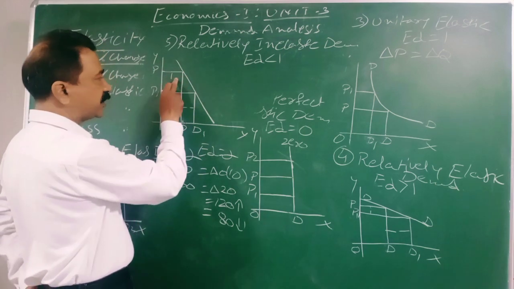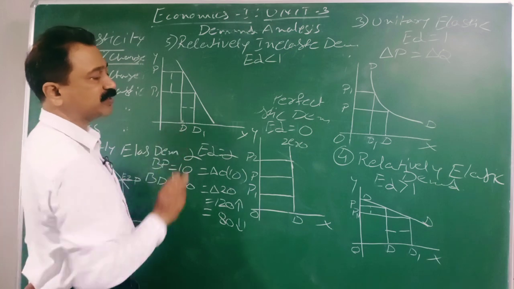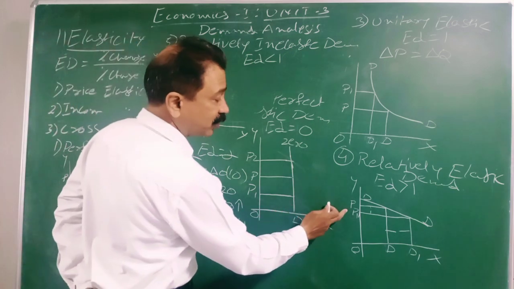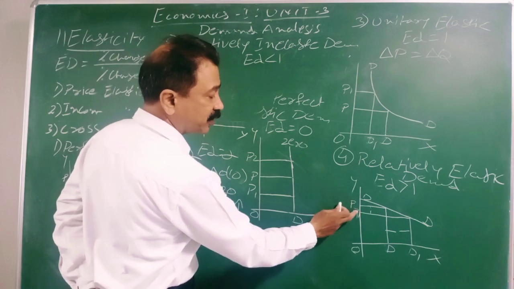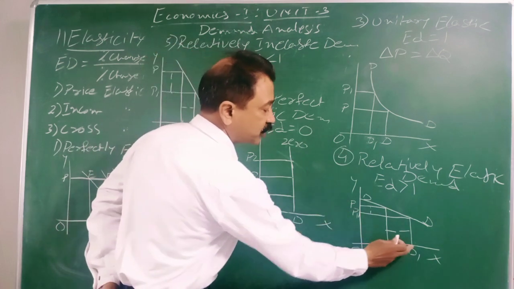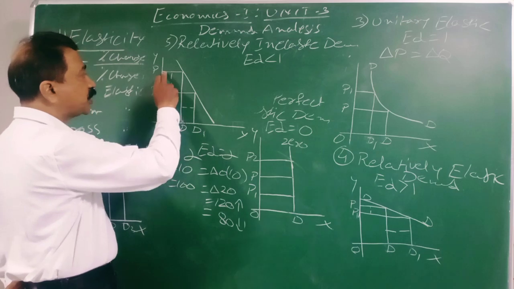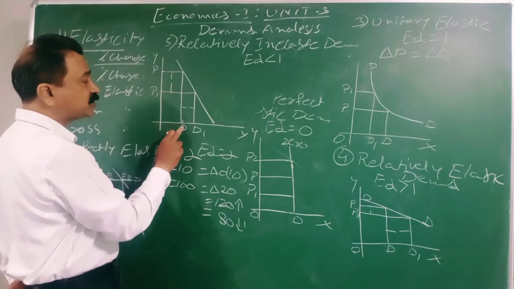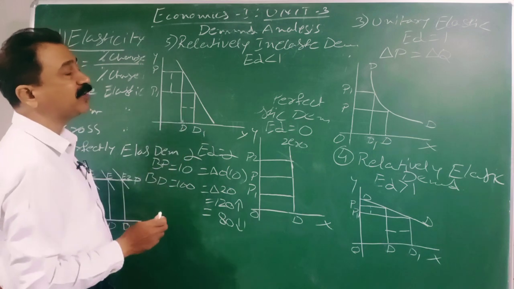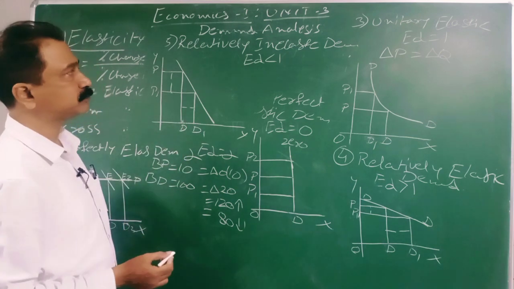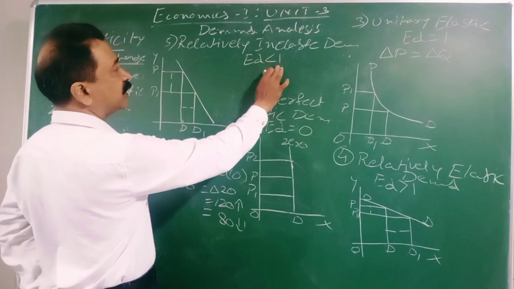Here see, relatively elastic: a small change in the price created a large change in the demand. Here, more change in the price created less change in the demand. So this is called relatively inelastic demand. So ED is less than 1.